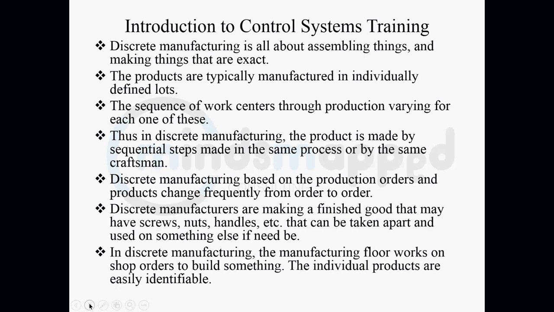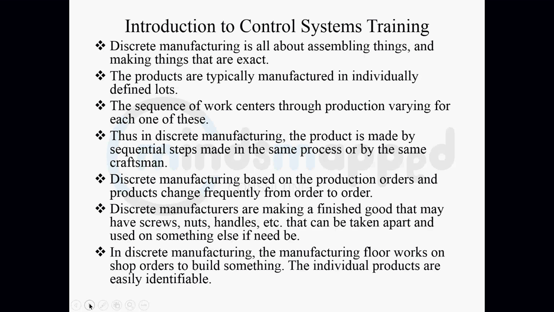Right. So now we get to some pointers about discrete manufacturing. Discrete manufacturing is all about assembling things and making things that are exact. If you're manufacturing something, let's say you're building an automobile, a bike, a car, or maybe a pickup truck, you are putting together some components, some parts to create a finished product.